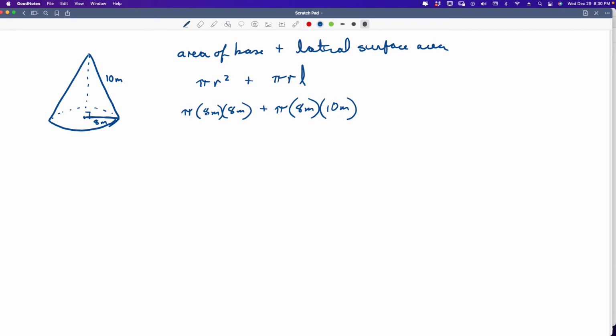Okay, so 8 times 8, meters times meters, we have 64 meters square, 64 pi meters square plus 80 pi meters square. So 80 and 64, that's going to be 144 pi meters square. And that is the answer.